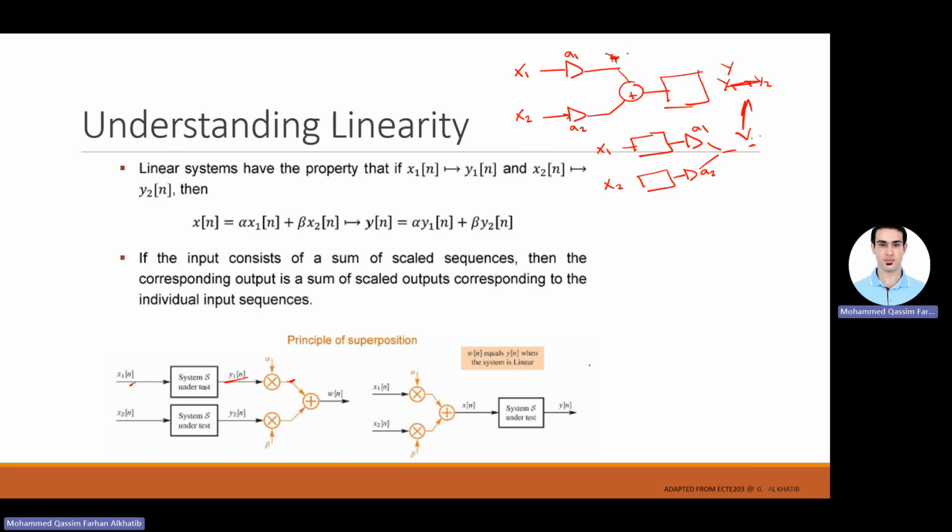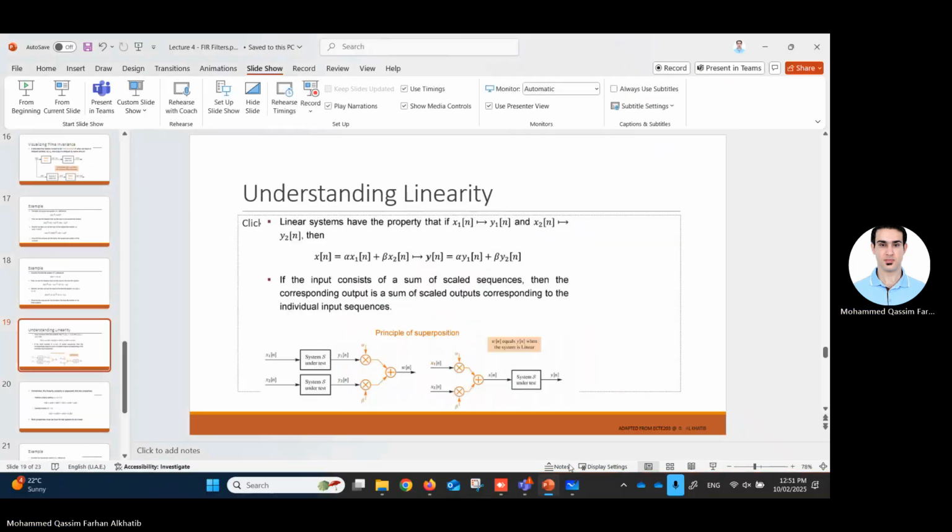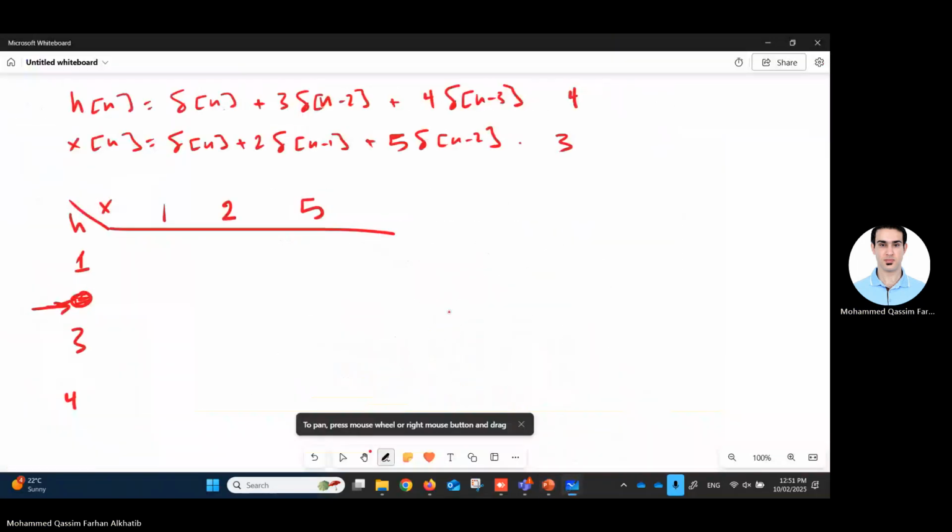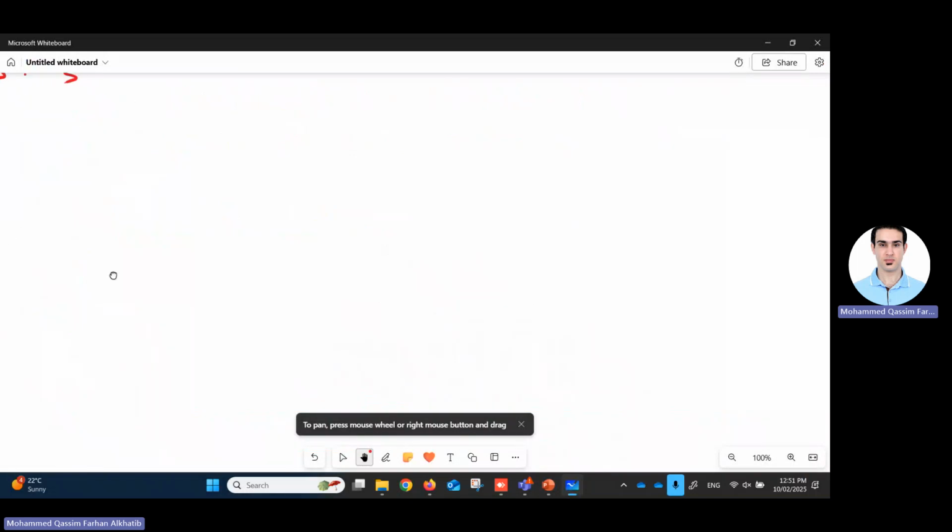So let's try the same concept for the square function. Let me open the notes and assume the function x of n, my system here is the square, and my output is x of n squared.